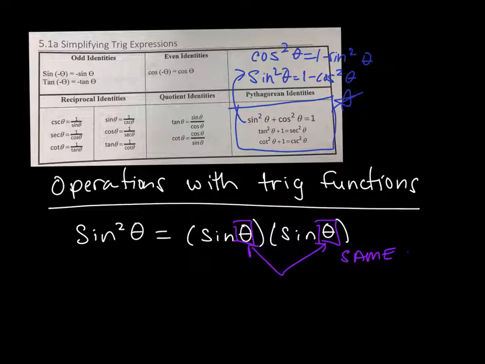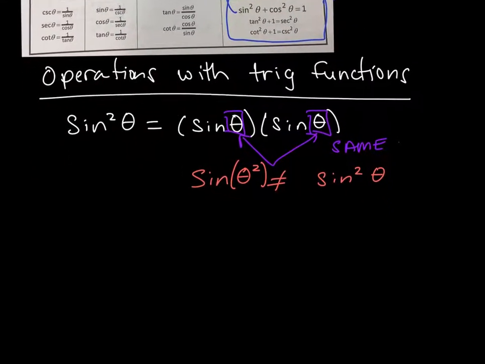One of the really common errors that I see is this: sine of theta squared is not and never the same thing as sine of squared theta. This first one means the argument on the inside is being squared, whereas sine of theta, as I said before, means the sine function times itself.